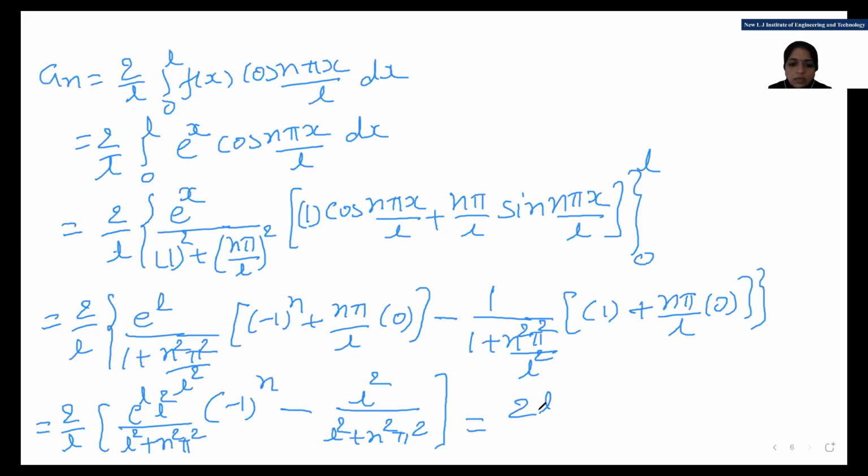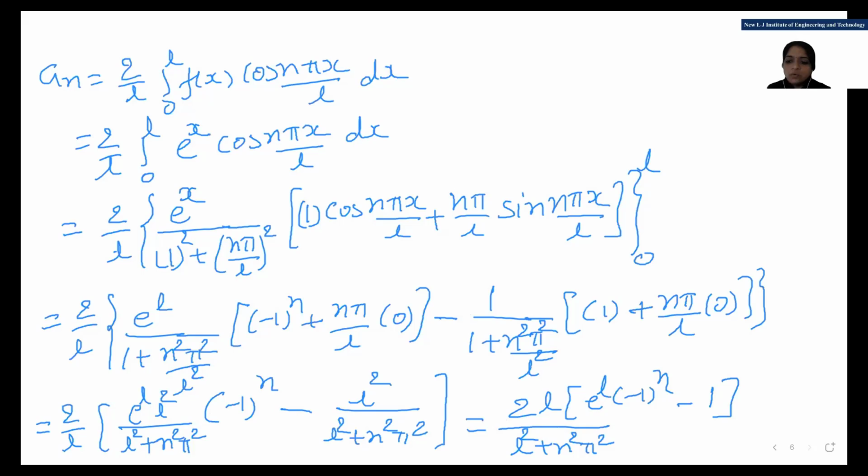So 2L upon L square plus n square pi square, and the remaining term is e raised to L minus 1 raised to n minus 1. So this is the value of an.